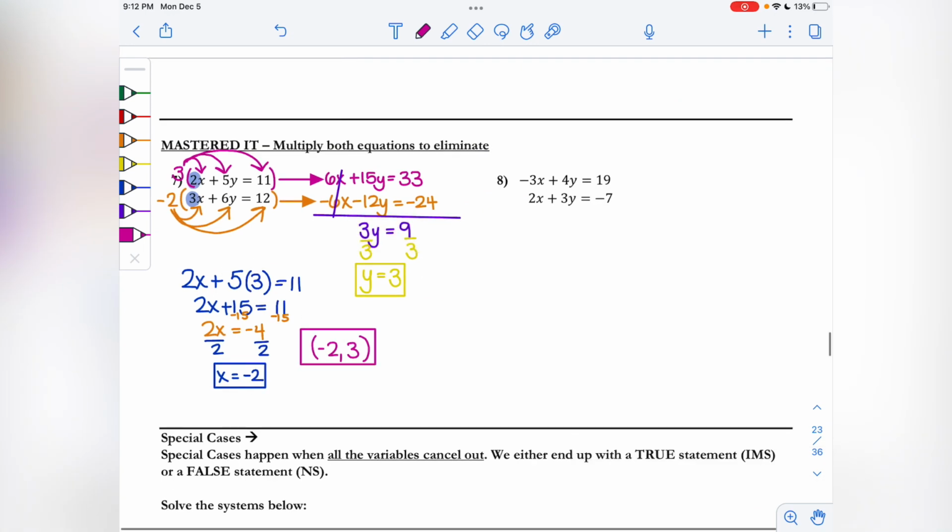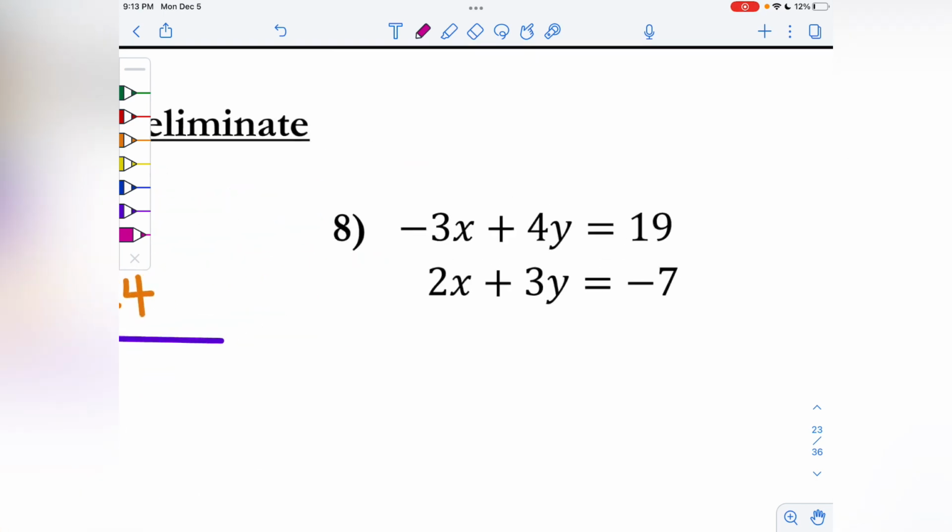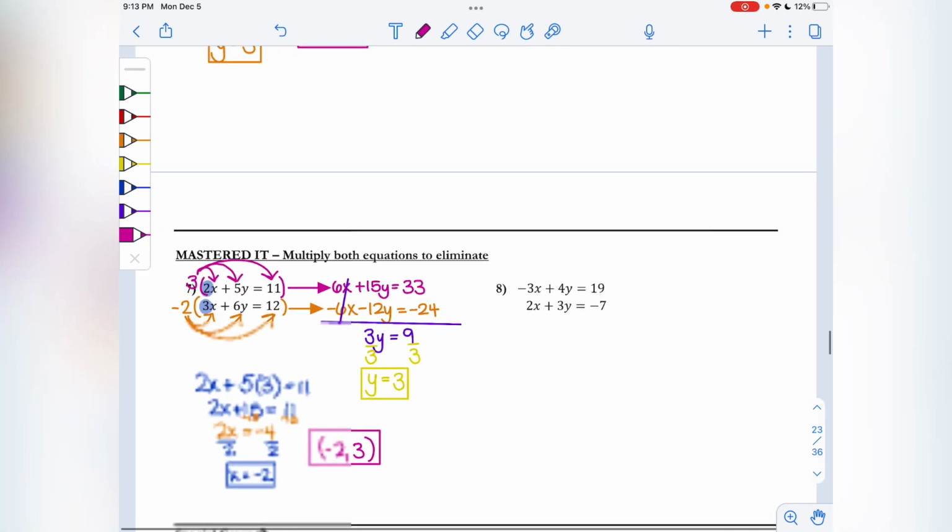Let's do it again with number 8. Okay. We're going to multiply both equations so that something cancels. And what I'm noticing about number 8 that's kind of nice is that the x's already have one positive and one negative number. So I don't have to worry about the whole negative thing. If they're opposite signs, that's desirable.